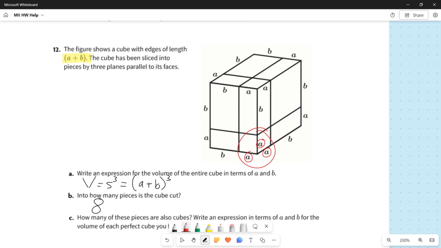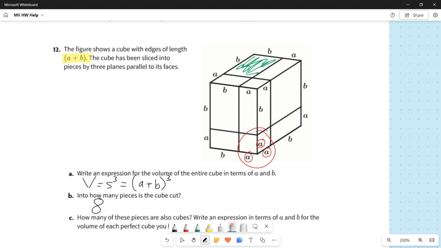The other cube: we've got A by A by A, and the only other dimension we're dealing with is B. So what we need is B by B by B, which is this piece in the back. You can't really see it, but there's a side coming down like that, and then there.